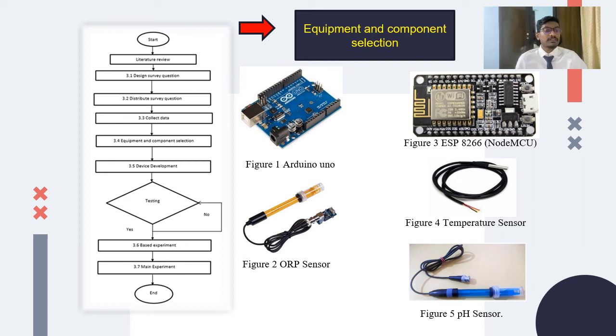In figure 3, you can see the NodeMCU, which is a microcontroller unit, and it functions as a microcontroller. Figure 4 is a temperature sensor to measure the temperature of the swimming pool. And figure 5 is a pH sensor, used to measure the pH value of the swimming pool.